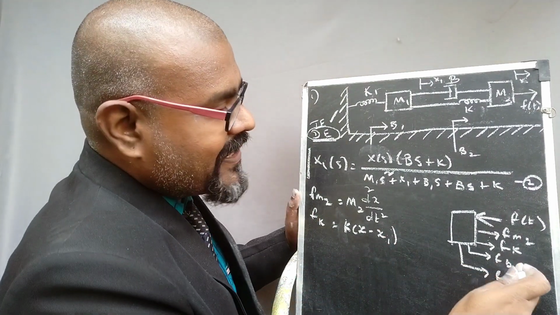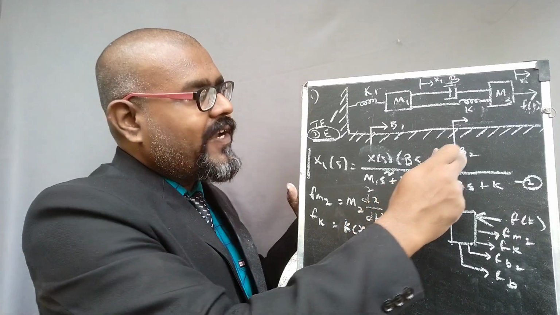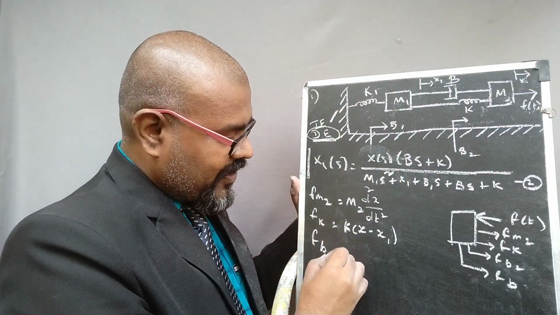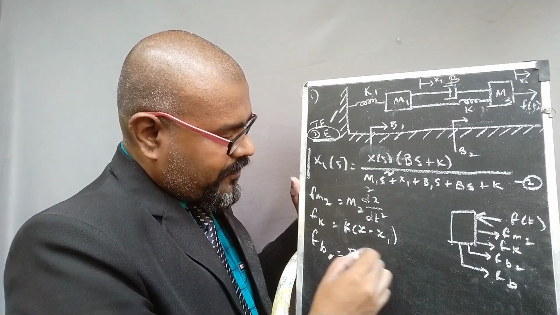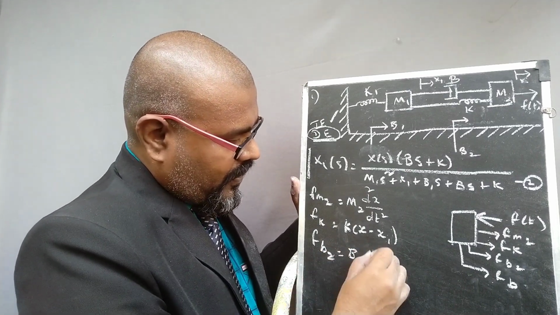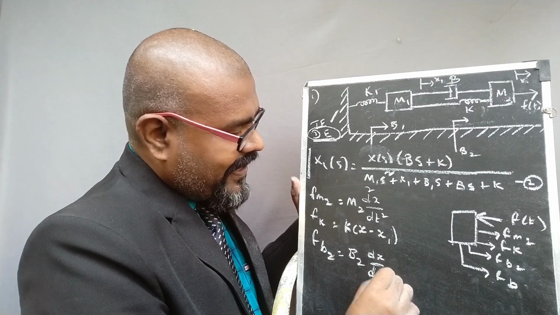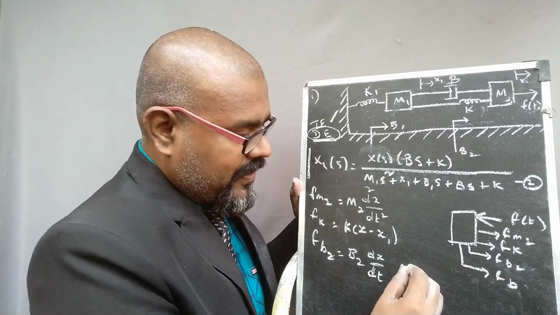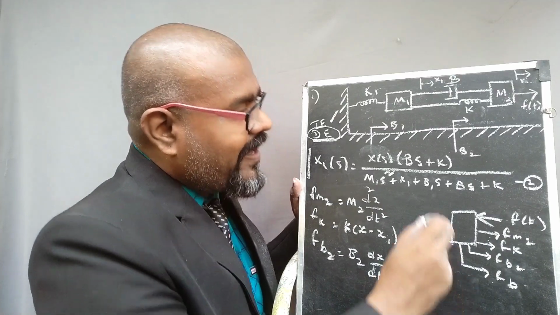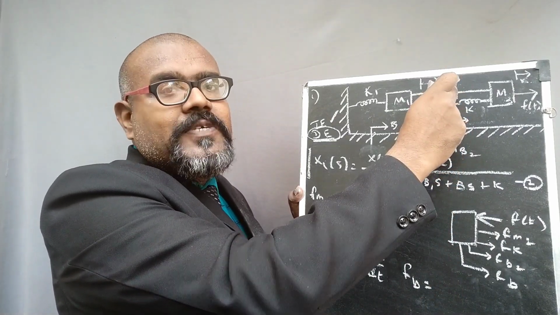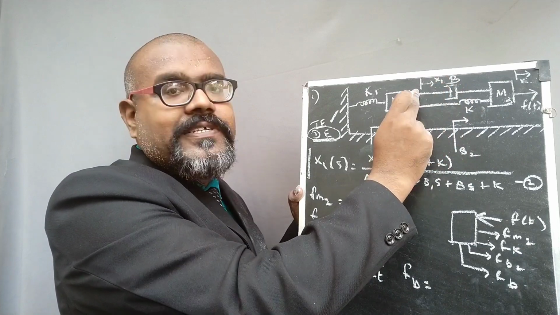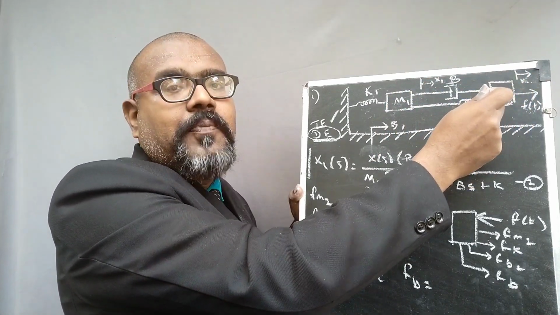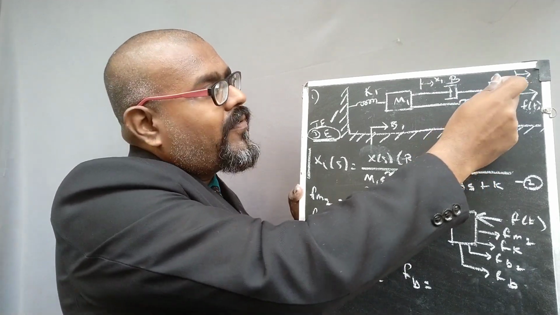Then the next opposing force is Fb2. Fb2, we don't have any problem, only one displacement. Then Fb2 is equal to b2 into dx divided by dt, single derivative. So the next opposing force is Fb. For Fb we need to calculate with two displacements just like k, because x1 is a displacement, x is a displacement, but we need to calculate only the displacement opposing m2.